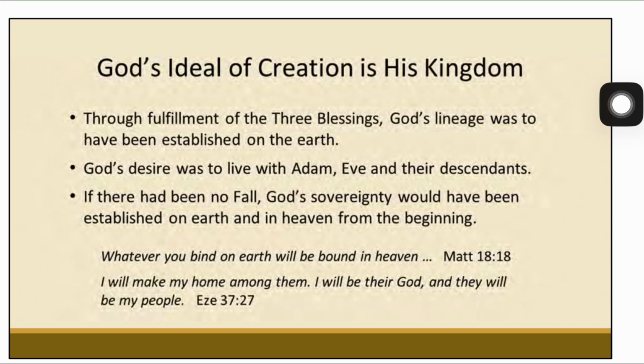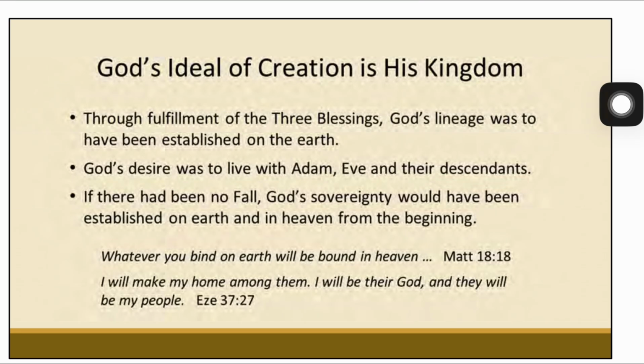Through fulfilling the three blessings, God's lineage was to have been established on the earth. God's desire was to live with Adam, Eve, and their descendants. Remember earlier, what is God looking for? Godly offspring, godly descendants.